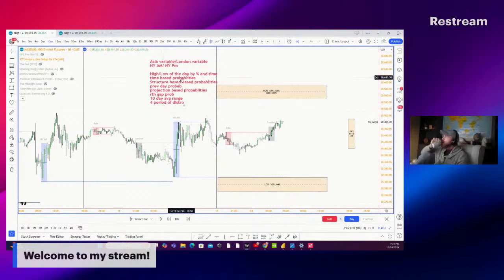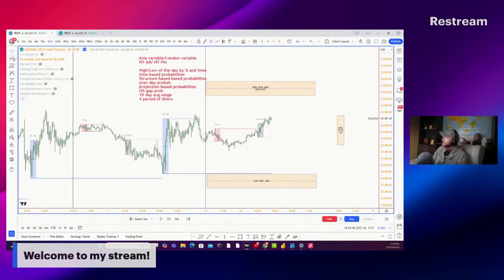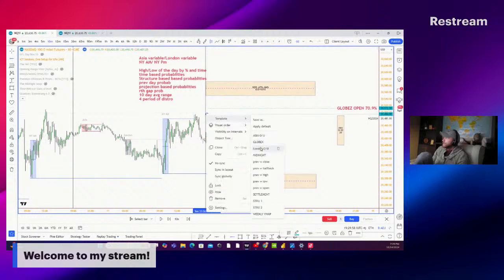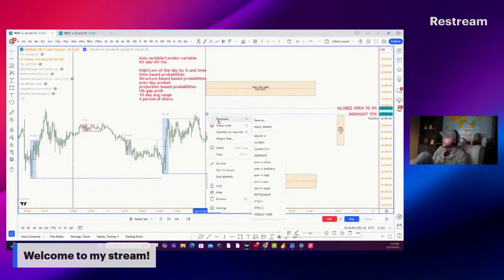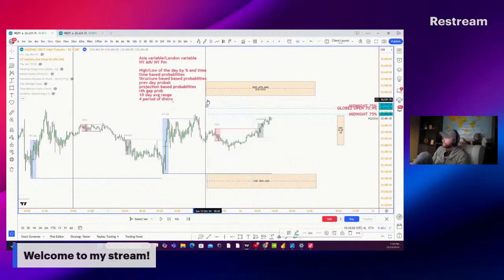All right, now we're going to put our time-based probabilities on, which we know are Globex, which is 1800. We know it is midnight, and we know I use settlement.